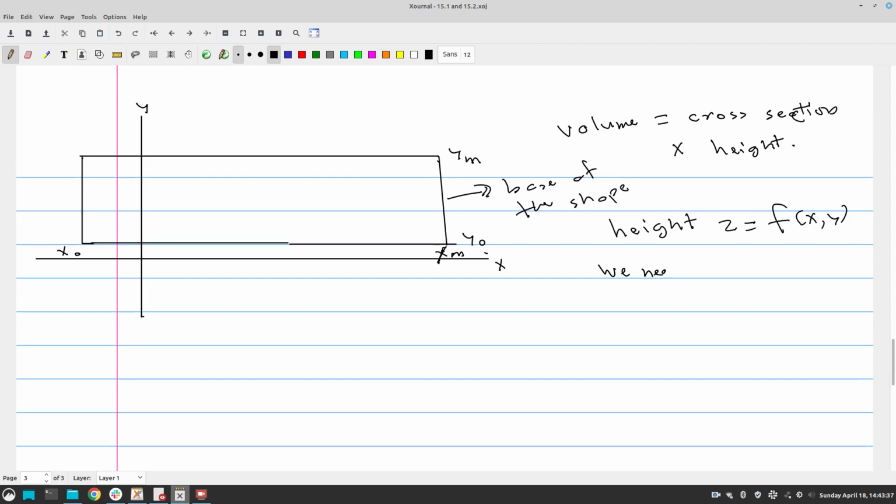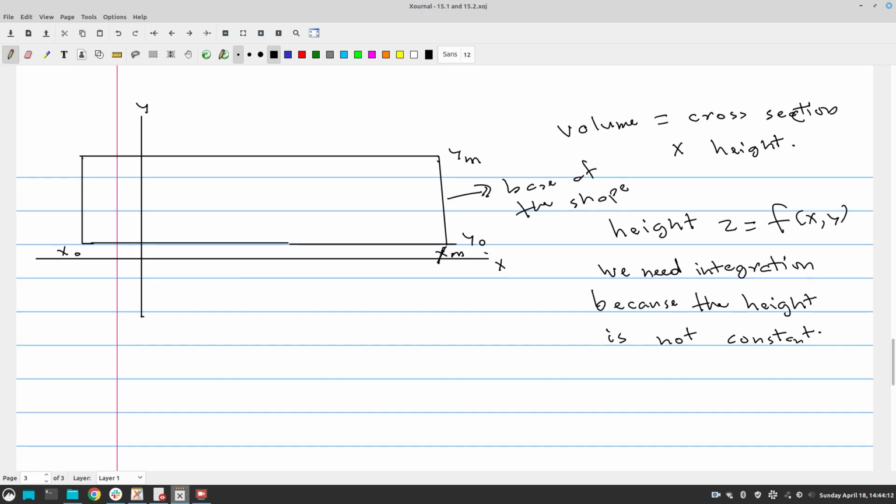Otherwise you would have just said volume equals base area times the height, just as you would with a cylinder or with a cube.